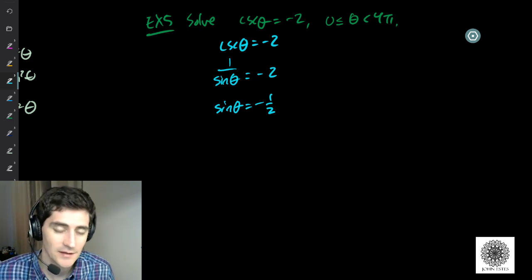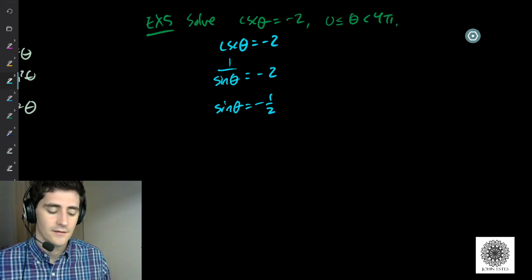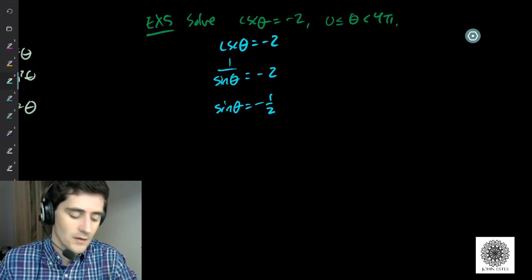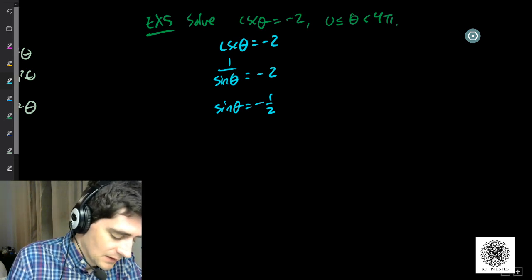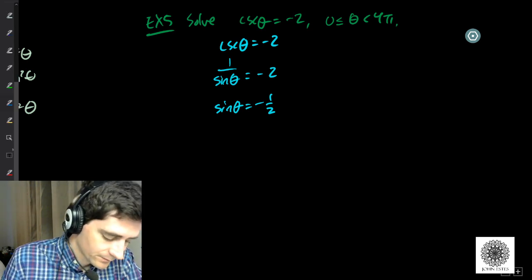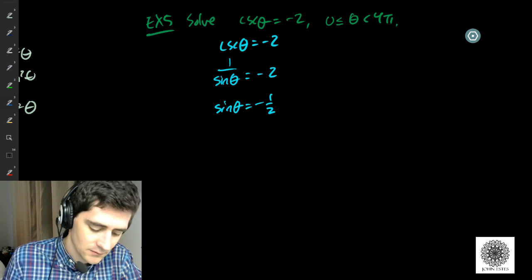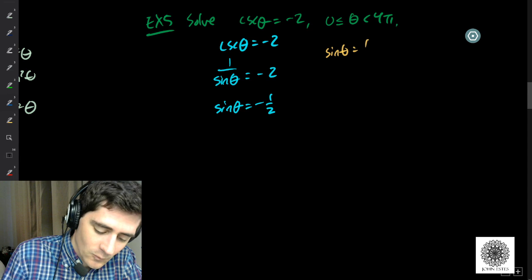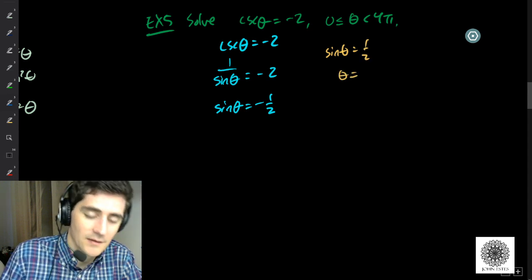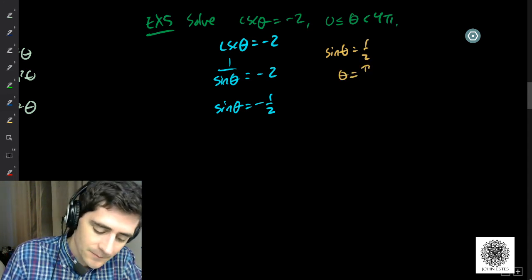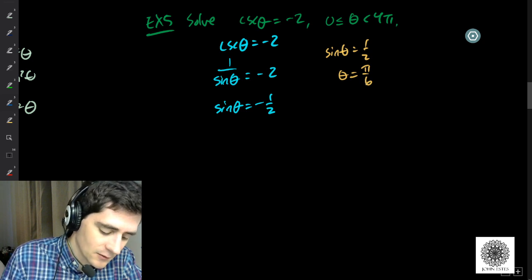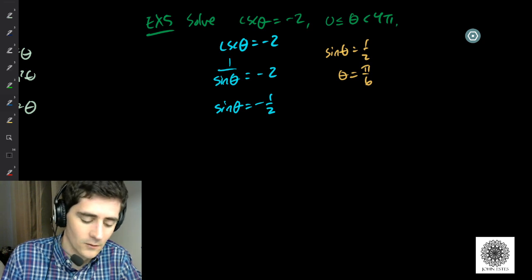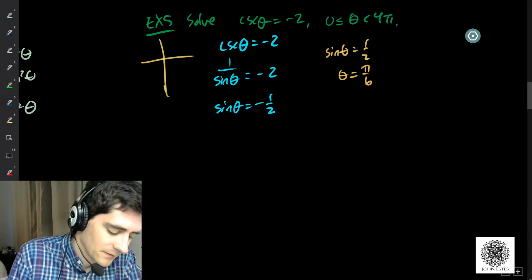And if I'm thinking sine is -1/2, that would make theta be in what quadrants? 3 and 4. Okay, so what I need to do first is think about what kind of reference angle do I need? All right, so for sine theta to be 1/2, that would mean that theta was, what, pi over 6? Okay, so now I need a quadrant 3 and a quadrant 4 angle with a pi over 6 reference angle.